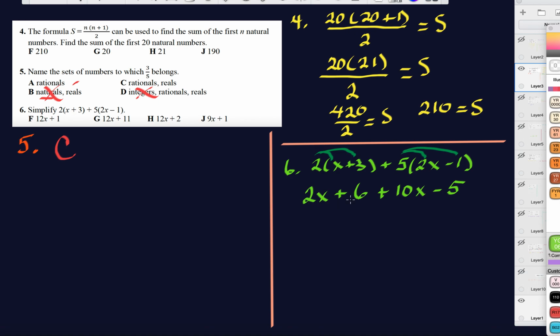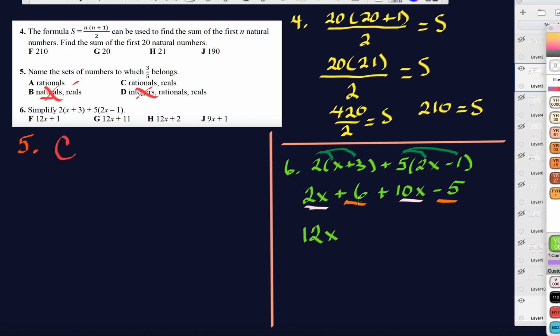Now, once we get here, we can combine our like terms. So we have a like term with our x terms, and we have like terms with our constants or our whole numbers, right? It's positive 6 and negative 5. Don't forget that negative there. Subtraction and negative are the same thing. So we put our 2x and our 10x together, and we get 12x.